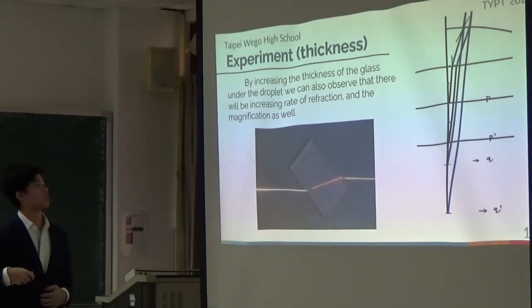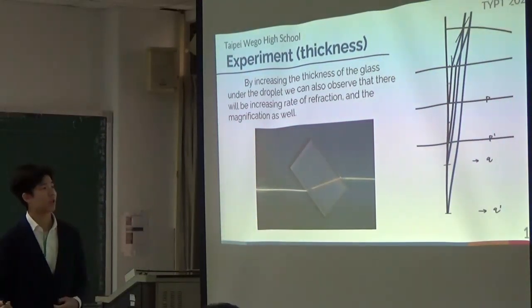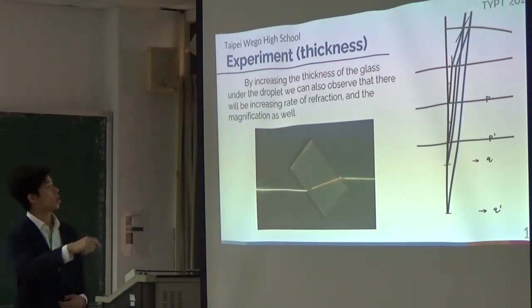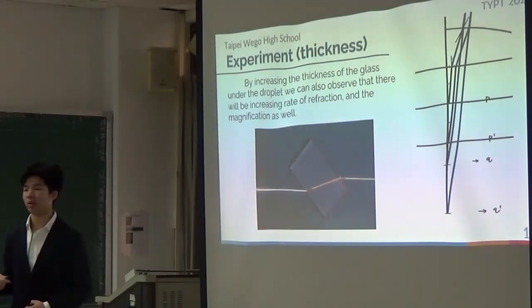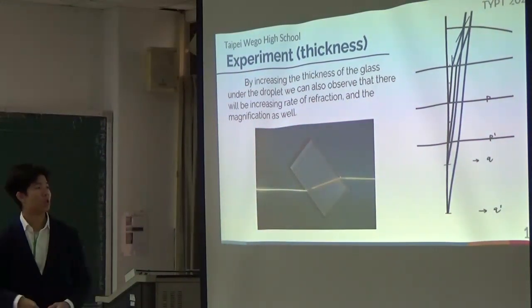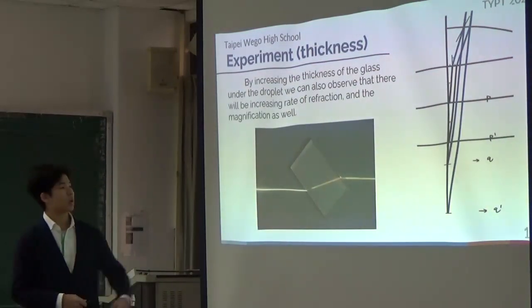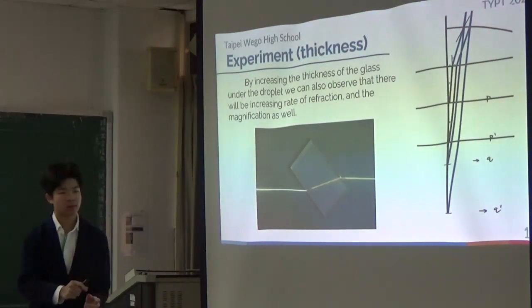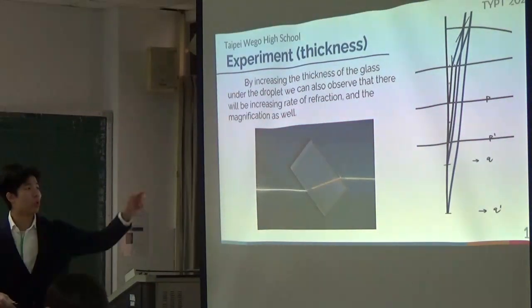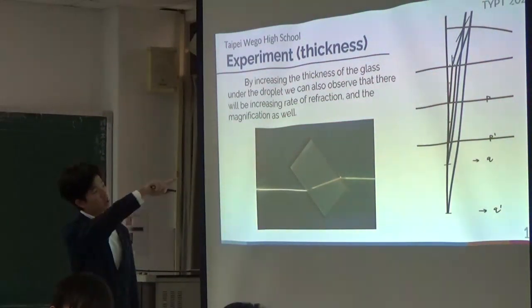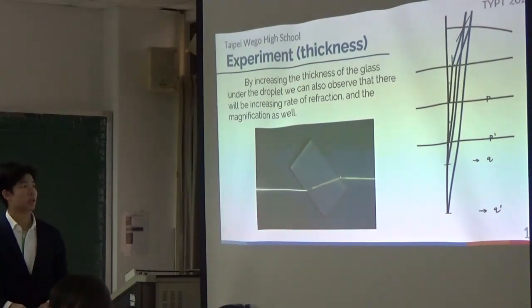Another experiment is about the thickness of the glass. By increasing the thickness of glass under the droplet, we can see that there will be a bigger diffraction length while the light comes out of the glass surface.